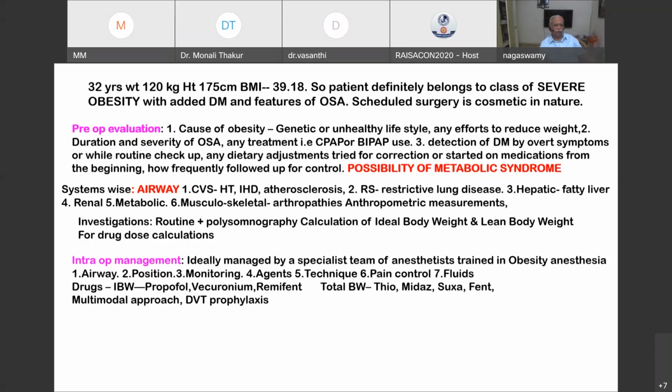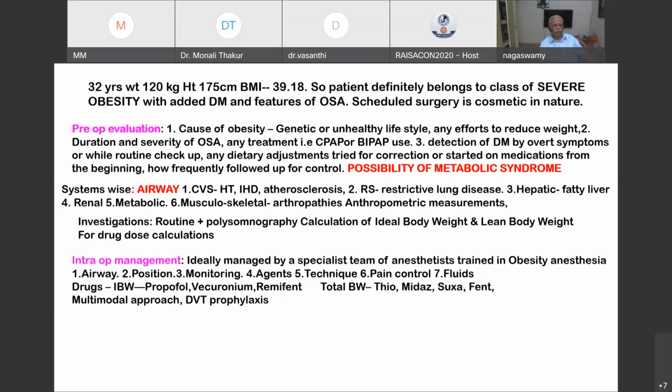So you can remember the problems: airway, positioning the patient on the table, and monitoring, because tying a beefy cuff or putting on the ECG leads may be difficult in these patients.